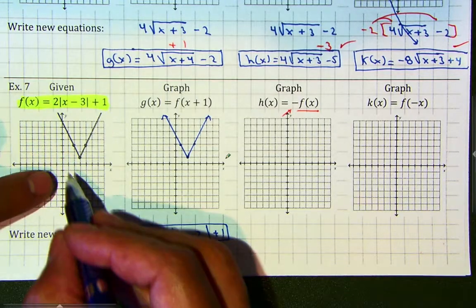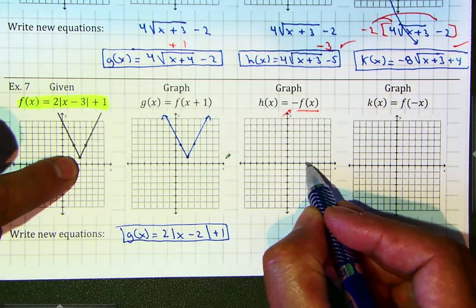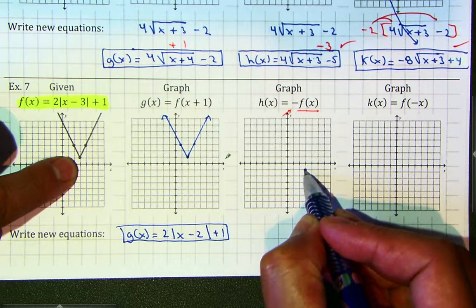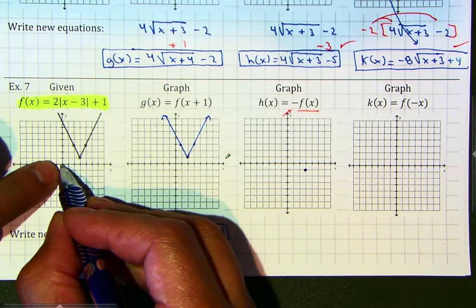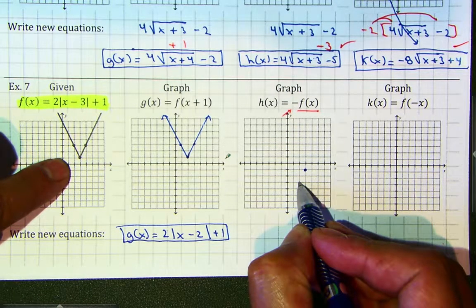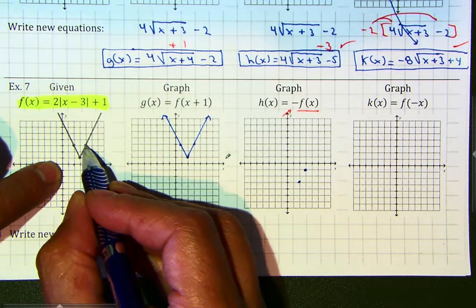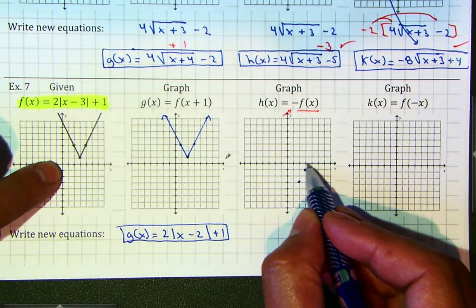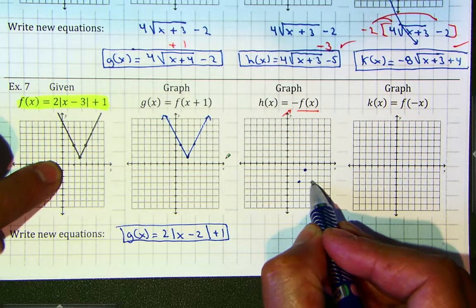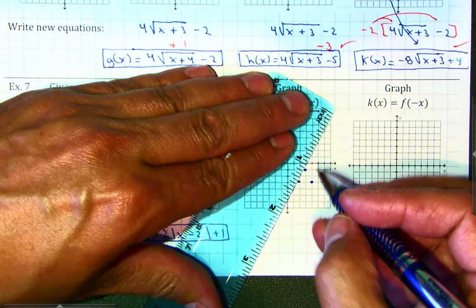So this point is 1, 3, so it becomes 1, negative 3. This point here is 2, 3, so it becomes 2, negative 3. This one is 2, 4, up 3, so it becomes 2, 4, down 3. So basically it just got reflected on the x-axis.